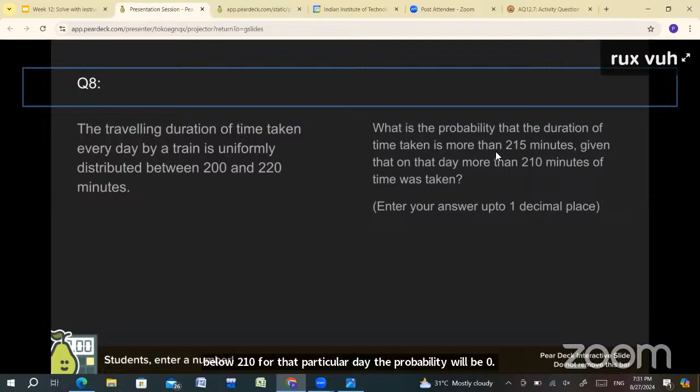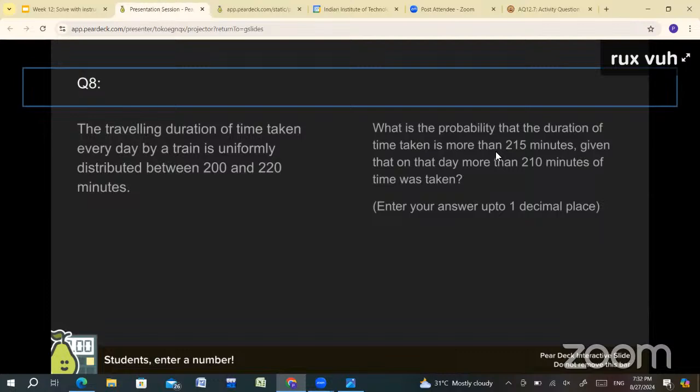And the upper limit is given as 220, so after 220, the probability will be 0. So for that particular day for which we have to calculate the probability from 215 to 220, the probability between 210 and 220 minutes will be 1.